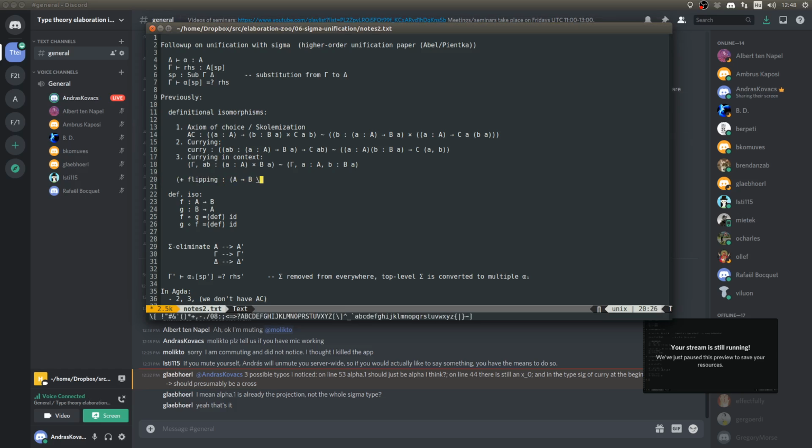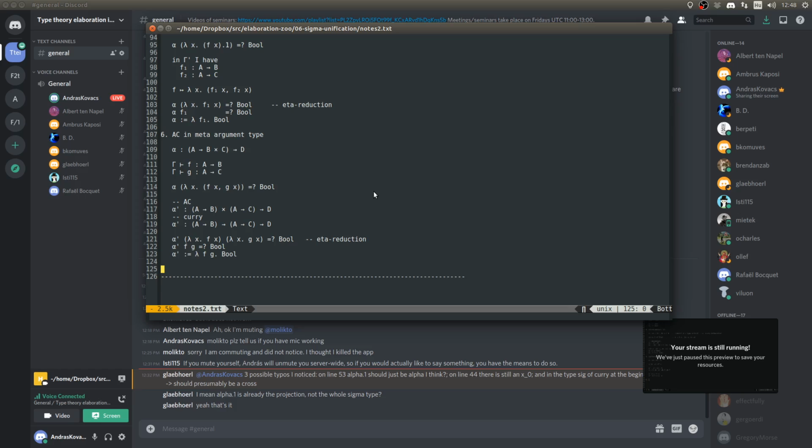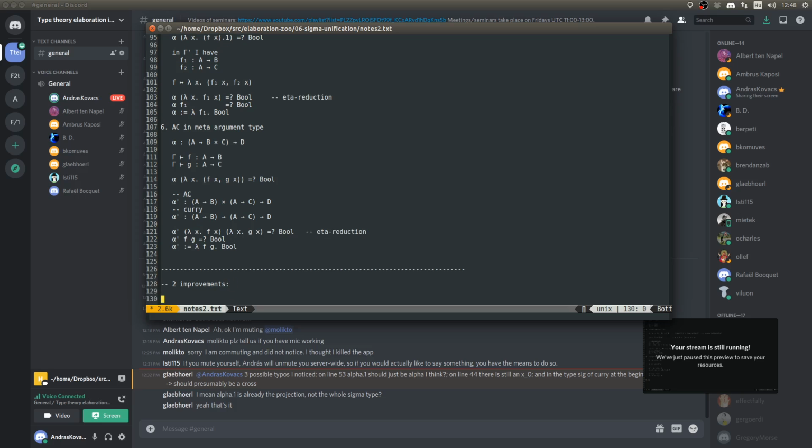So A, B, C is isomorphic to B, A, C. So there is also this flipping, and it's not supported. It's not supported even in this paper. So I think there are two main improvements to this. One is performance.